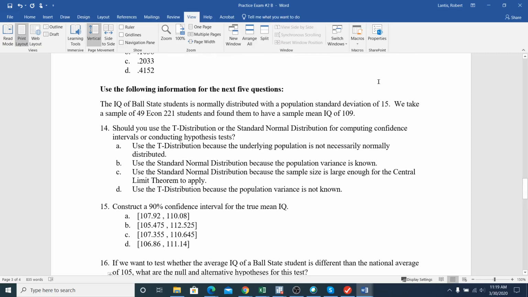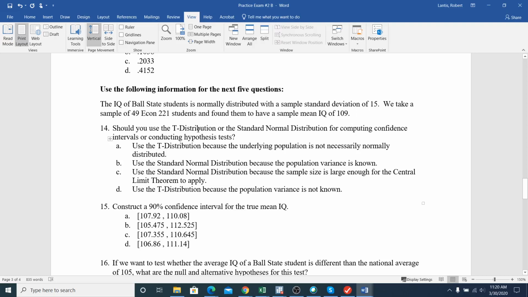So instead of having this known population standard deviation, let's say we only had a sample standard deviation. So what's going to change? Well, I can walk us through. The steps are all going to be the same. I just want to point out a couple little things that would be different.